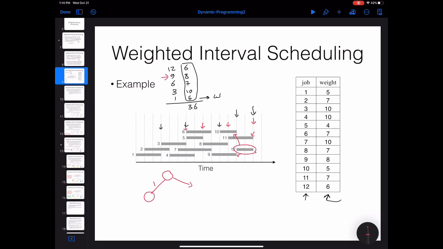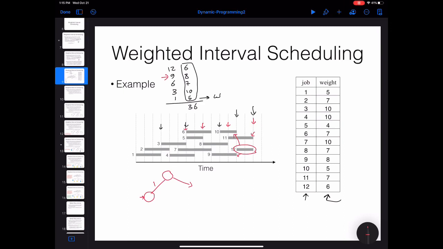If you take one, all the jobs that have a conflict with one cannot be chosen. After that, the rest of the jobs can be chosen, right? So from this node, it means I have already taken one, and I can't take two. So let's think about the rest of the jobs, the next job.